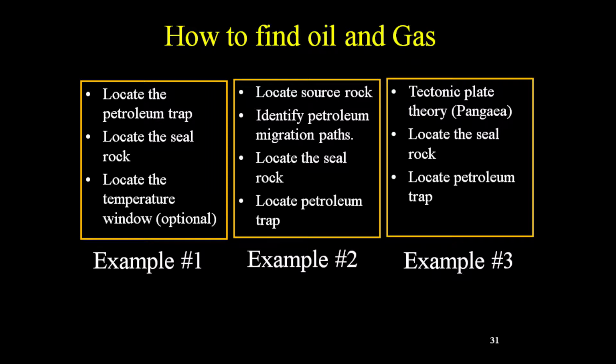Suppose that you know that there is oil somewhere. We can use the Pangea map to discover oil in other oceans and continents. Then the locations of seal rocks and petroleum traps allow you to confirm new findings. Again, it is optional for you to locate the source rock, porous and permeable rock, and golden zone to improve your accuracy of finding oil.